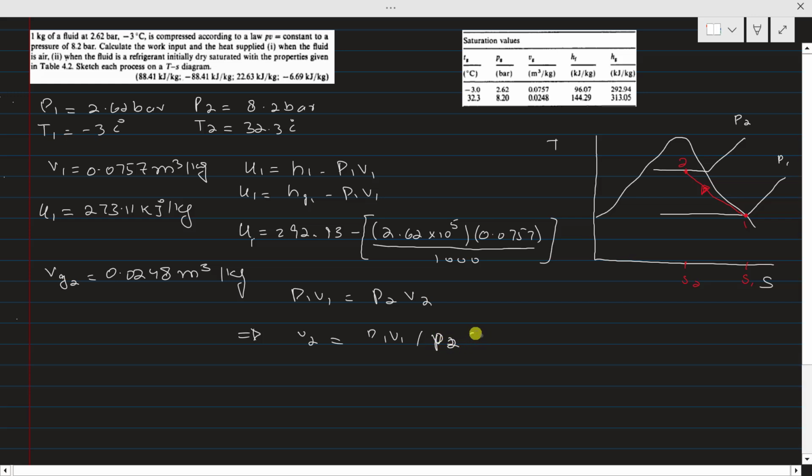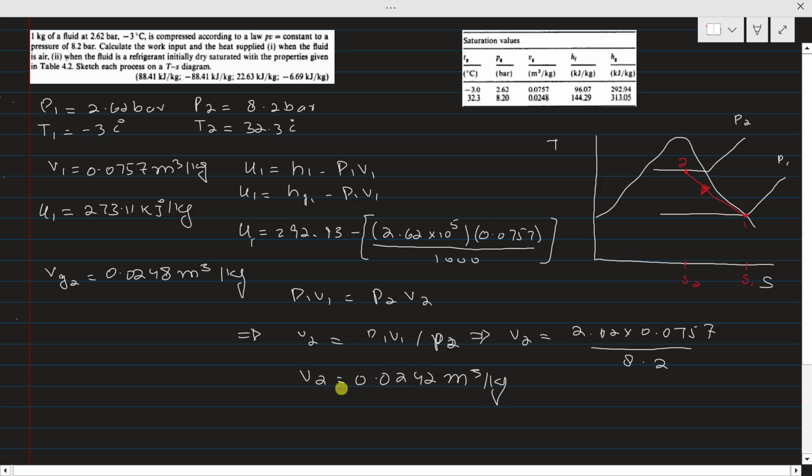So now V2 is equal to P1 value, that is 2.62, multiplied by V1, that is 0.0757, divided by P2, that is 8.2. After simplifications, you will get the V2 value, that is equal to 0.0242 meter cube per kg.